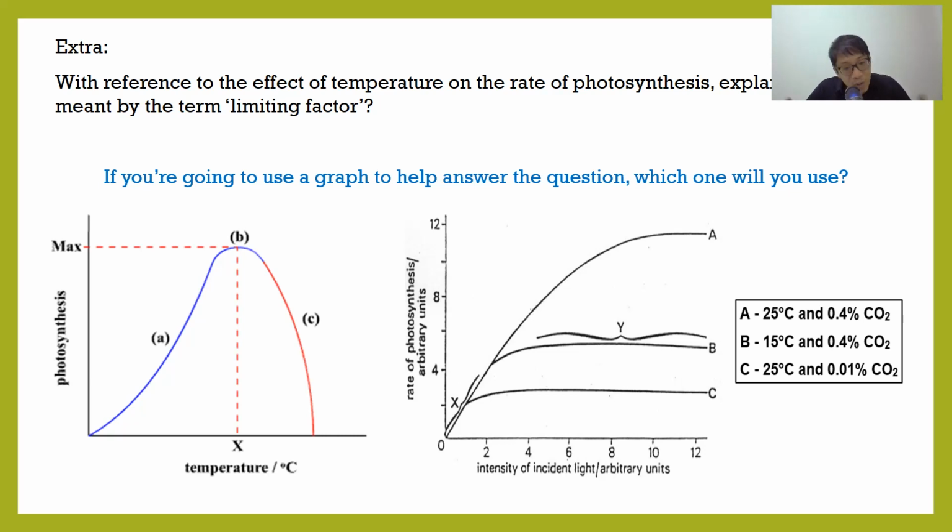Then you regurgitate the effect of temperature. This is what I meant when I mentioned the concept of the limiting factor. You shouldn't just look at one. You need to look at all of them, and have a bit of comparison between them to explain which one is the most significant. That would be the limiting factor.